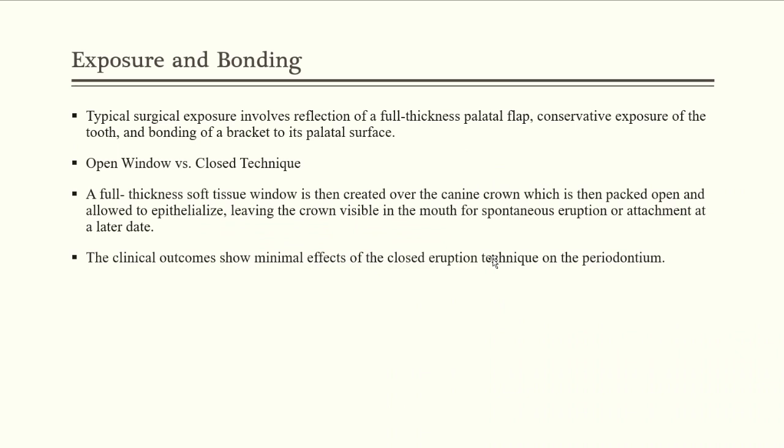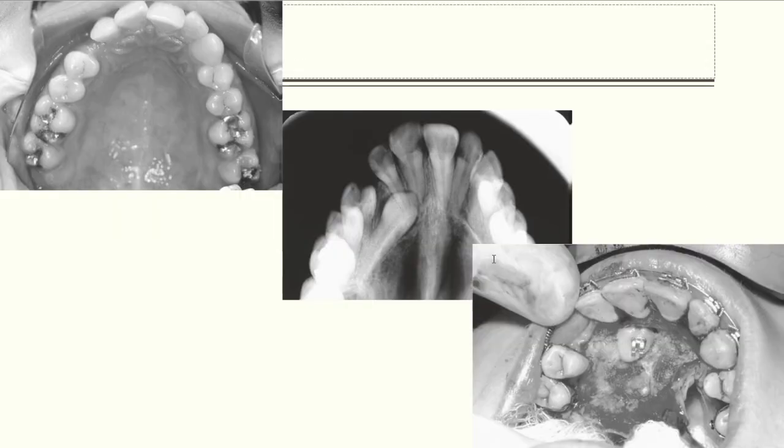Okay? Now, we make a full window, a full soft tissue flap. We do this procedure. Now, here we can see this is a full flap opened, the tooth exposed.